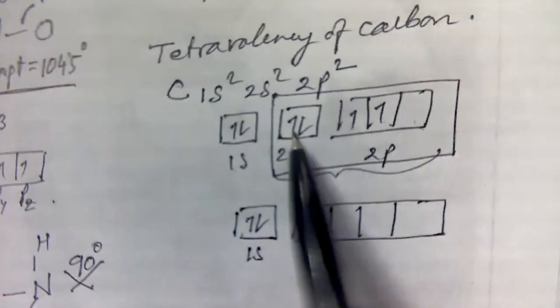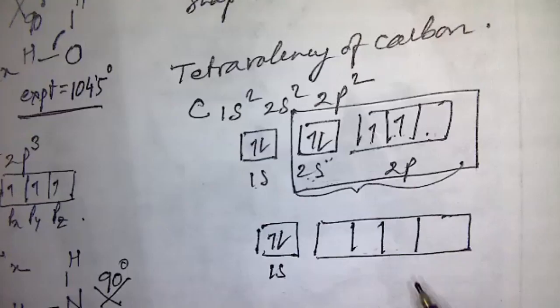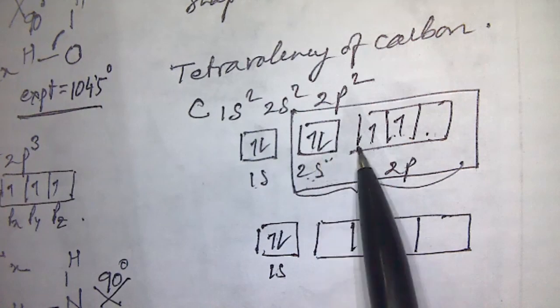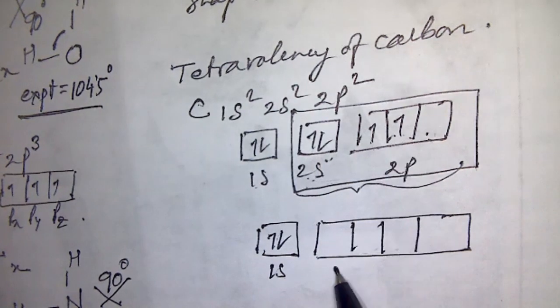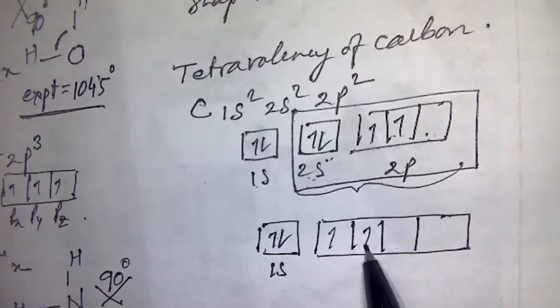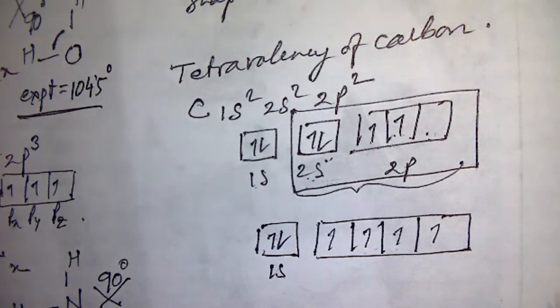We'll fill up the electrons. There were 4 electrons, so these 4 electrons will fill here, following Hund's rule. First it has to be occupied singly, because all these 4 are exactly identical.